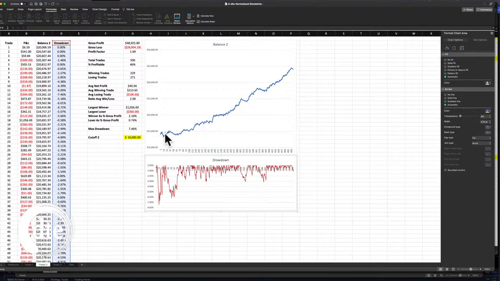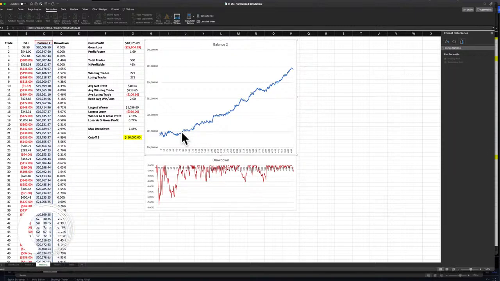And you can see here, starting at 20,000, it's not until I'm at about, let's see, the 70 or 80th trade that it starts getting out of this drawdown. Here's the drawdown right here.